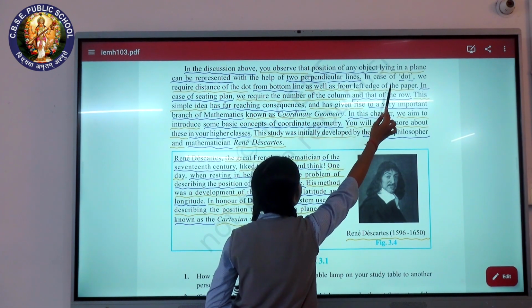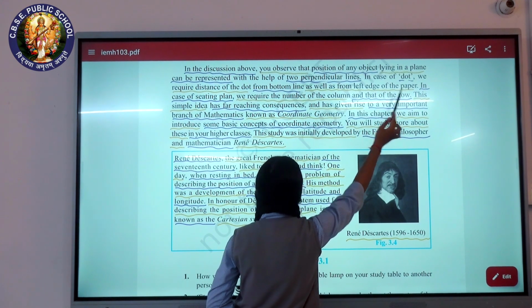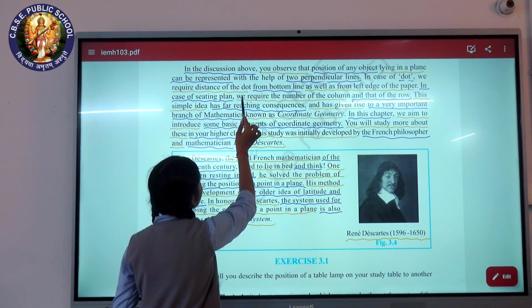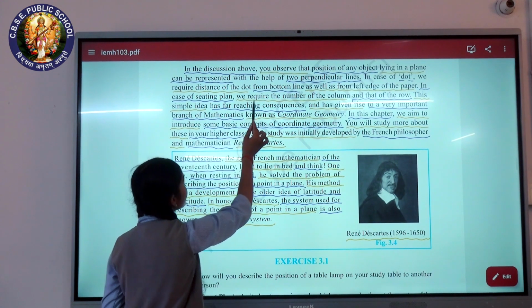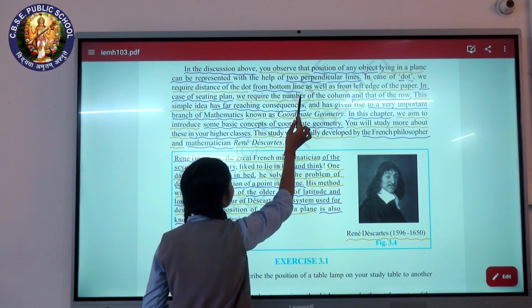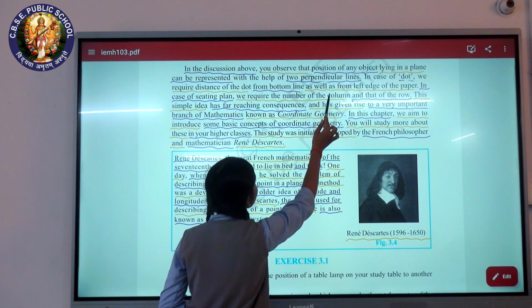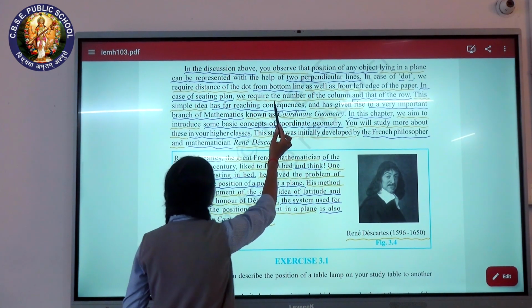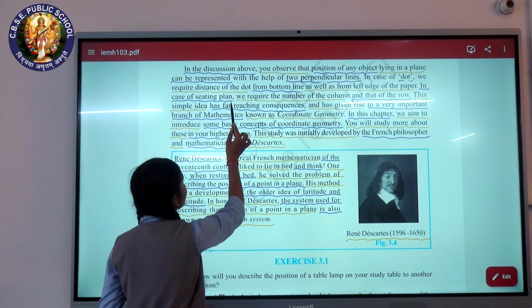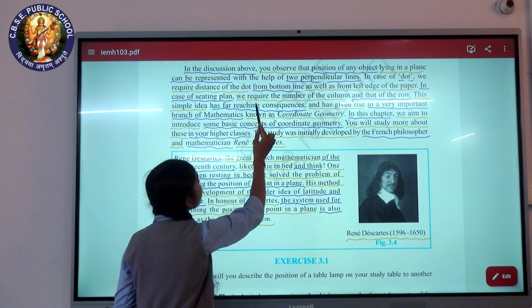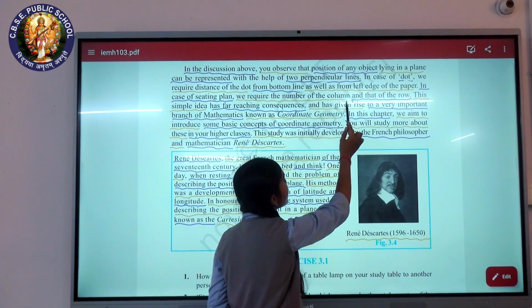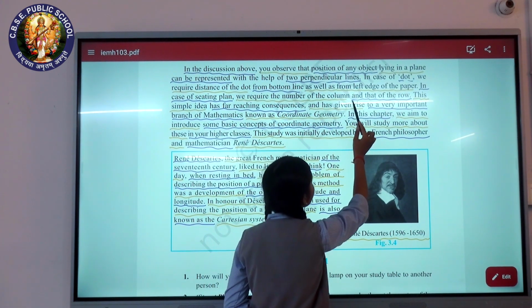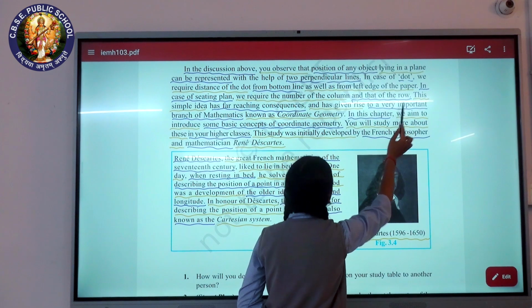In the case of the dot, we require the distance of the dot from the bottom line as well as from the left edge of the paper. In the case of seating plan, we require the number of the column and that of the row.